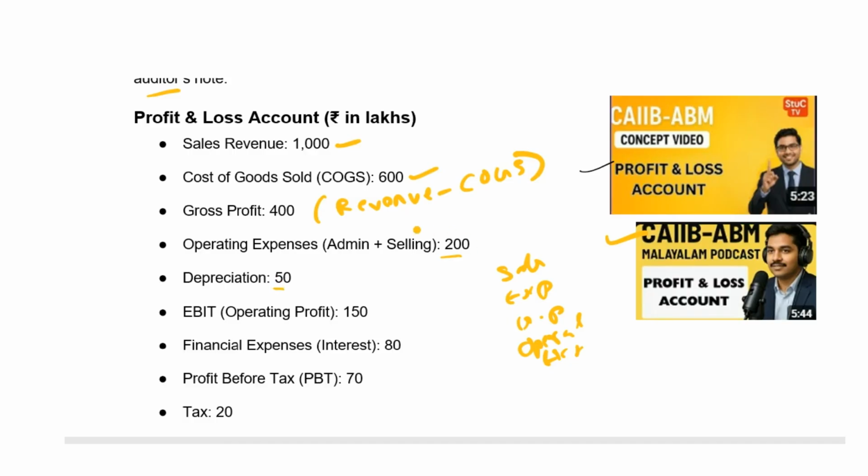So once you deduct operating expenses and depreciation, you will now have something known as EBIT, or it's also called EBITDA, earnings before interest, tax, and depreciation. So if you see 400 minus 200 minus 50, we'll have 150. That is your operating profit, also known by the name EBIT or EBITDA.